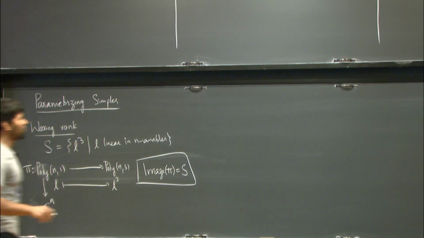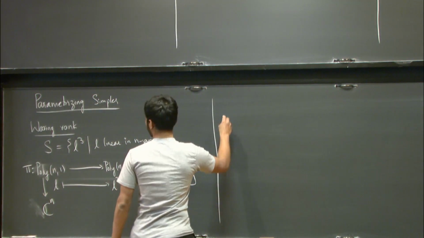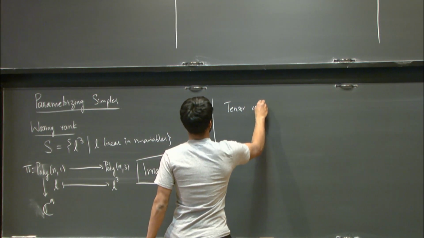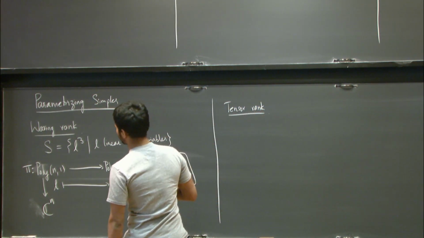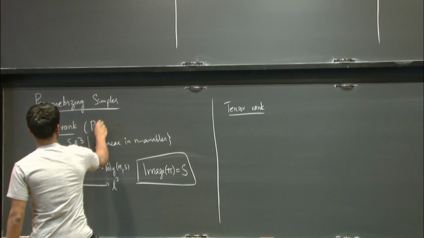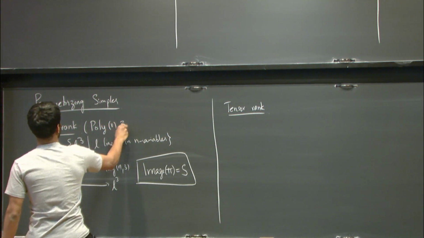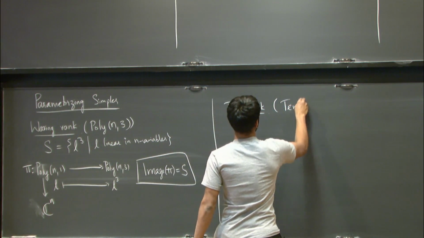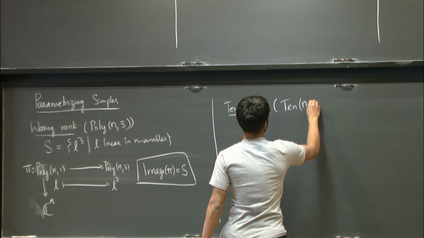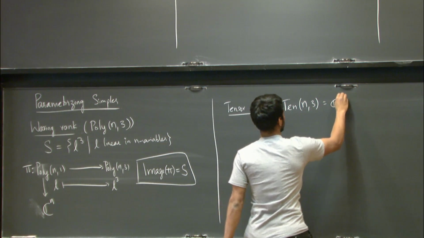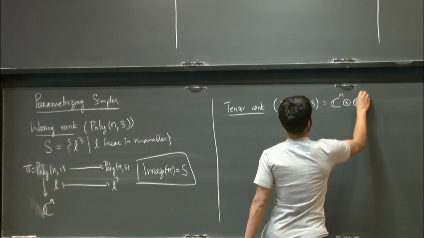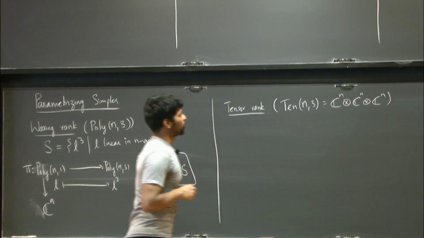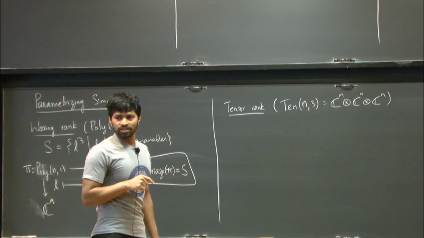Okay. And now you do it for tensor rank. And okay, so let me just be clear here, I'm doing it for n variables, 3 things. So here I'm going to do it for local dimension n, 3 tensor factors. So how do you parameterize rank 1 tensors here?